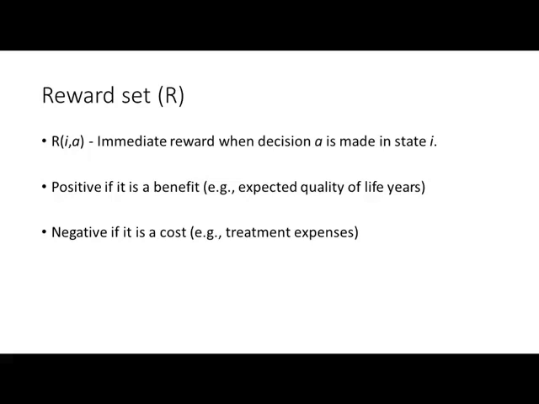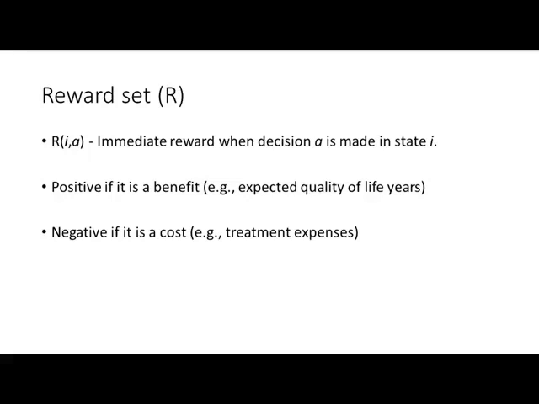A reward set contains R_i^a, which is the immediate return or immediate reward when decision a is made in state i. So you see the reward is only relevant to your current state and your current decision. And it is an immediate reward. And the reward can be positive if it is a benefit.